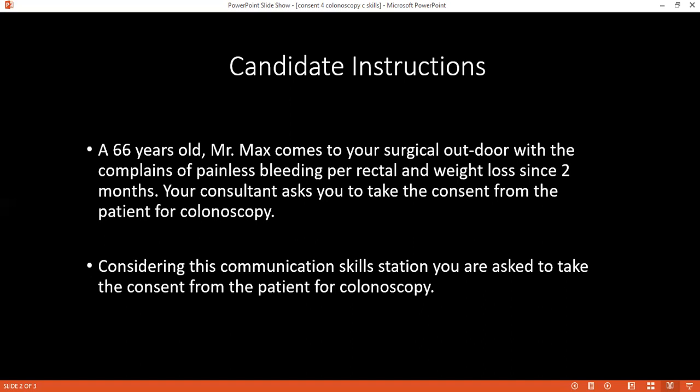Oh, I appreciate your worries about this. Yes, there is actually an alternative. The alternative is a series of X-ray tests in which we'll give you a substance called a contrast to drink, and also we'll pass air into your large bowel, and that will help us analyze your large bowel.